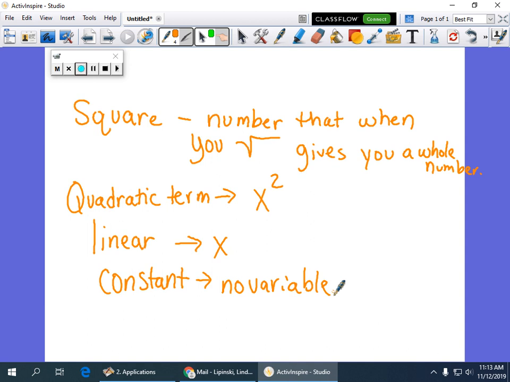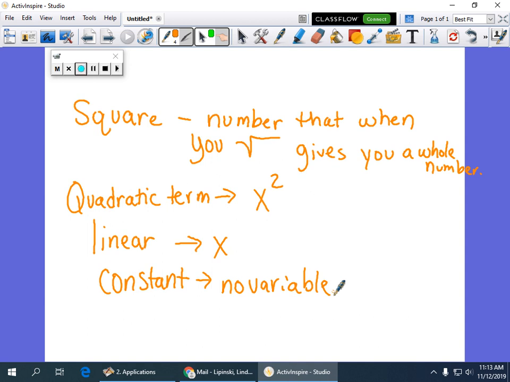I then had pictures of different algebra tiles, because this is how you should have learned it in Algebra 1. They should have given you some visuals. What does the big square represent? No, that was elementary school. In algebra, what does the big square represent?